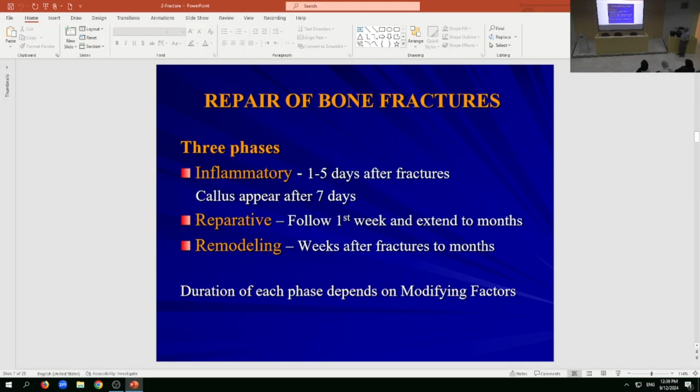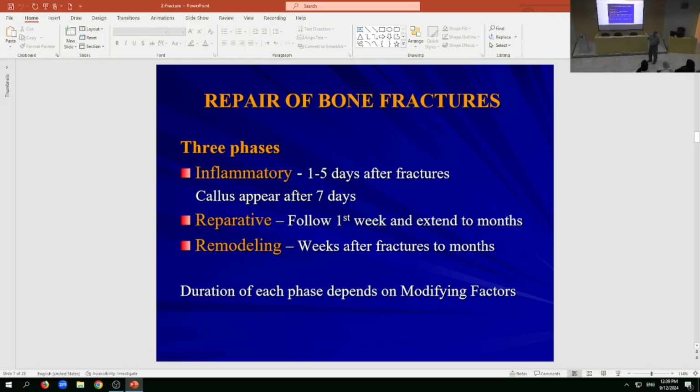All right, there are three phases. In some books there are even 4 or 5 phases. In some other books there is one, because it's quite a continuous process from the fracture until the healing. If you examine the site of the fracture periodically, if you take microscopic sections, you find that there is a mixture of these phases.